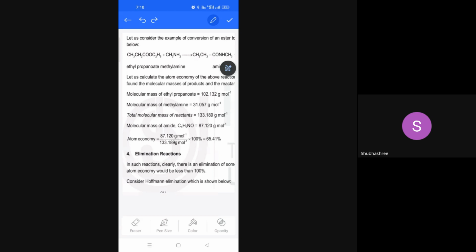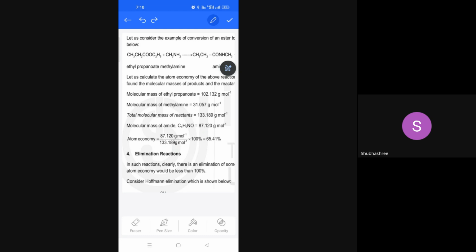The mass of amide is 87 and the mass of reactant is 133, so when multiplied by 100 it will definitely decrease from its normal value, to 65. That means this reaction is not an addition or rearrangement reaction; it is another type of reaction.